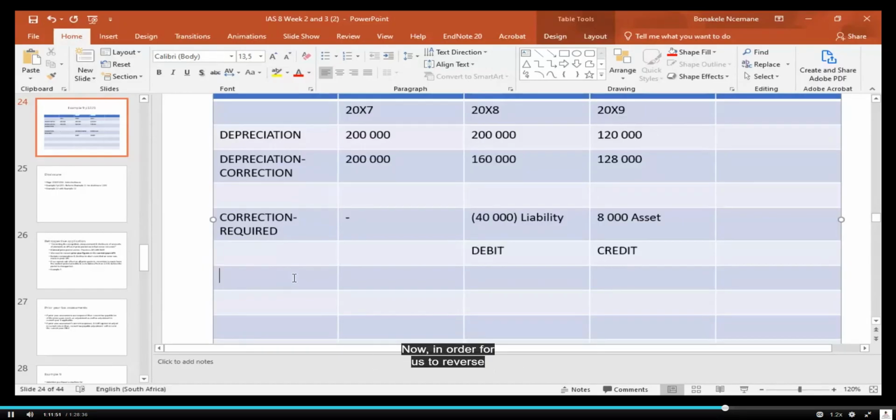Now, in order for us to reverse the impact of that journal that we processed, what should we currently debit? Essentially, it's supposed to be the element that we had credited. What had we credited? We had credited accumulated depreciation. You agree with me now, to reverse the impact of that, we must debit accumulated depreciation.